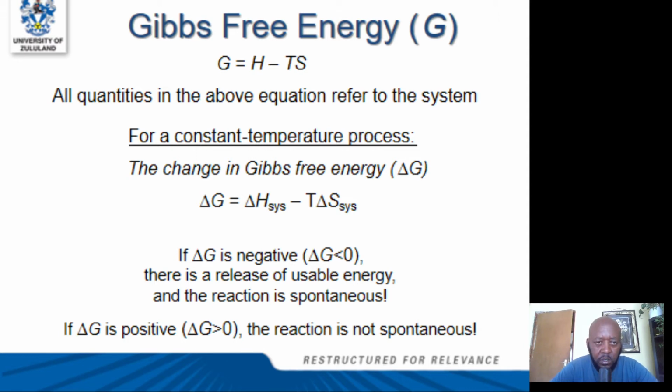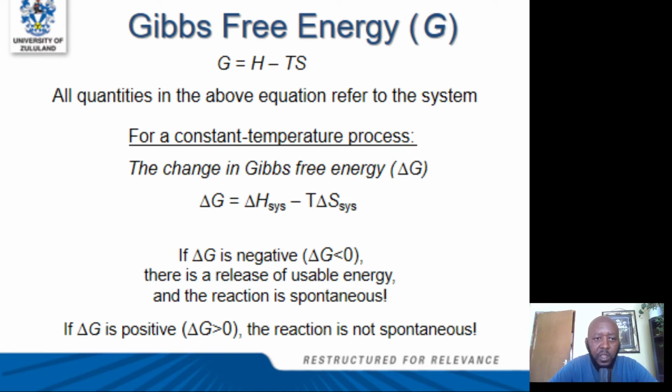But this equation can only be utilized when we know the value of H and the value of S at constant temperature. This is not the only equation that can be used to calculate the Gibbs free energy, but it's the equation that is commonly used.